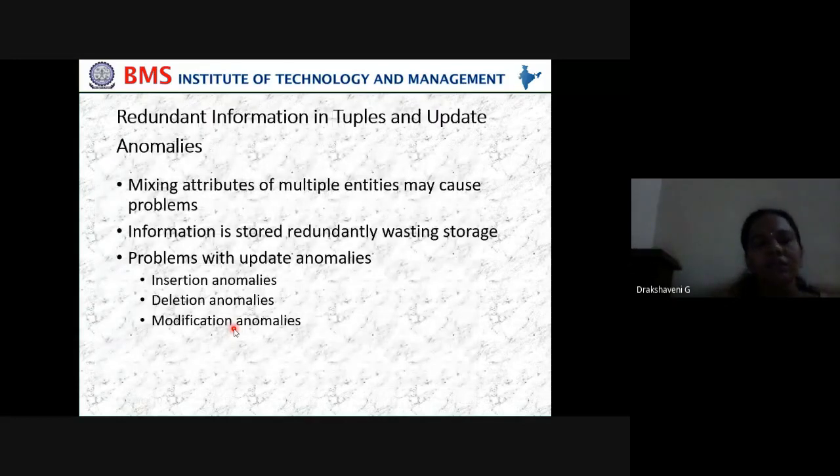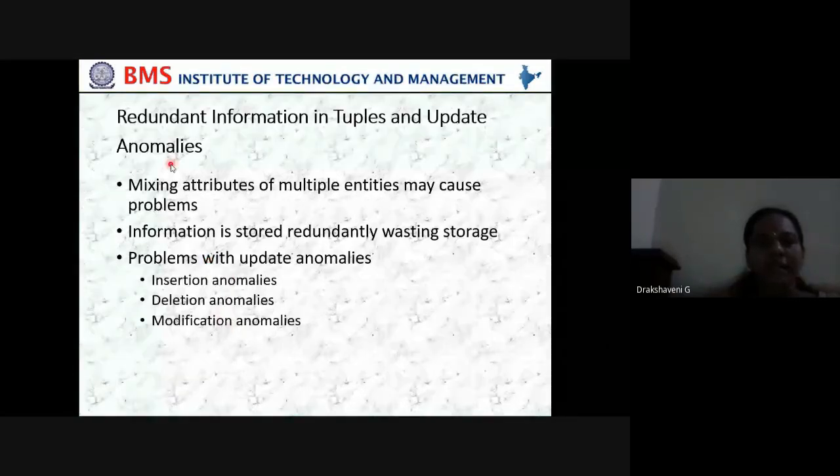We have seen that when we are forming tables, whether it is first normal form, second normal form, third normal form, or Boyce-Codd normal form, any form, we should always address these problems, the anomalies. Reduce redundant information in tuples and update anomalies. Mixing attributes of multiple entities may cause problems.